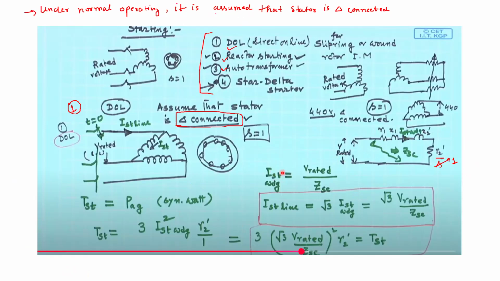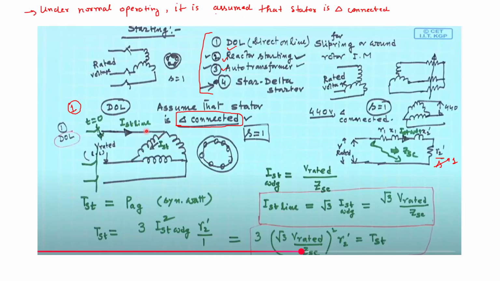So what will be the I starting? I starting will be nothing but the per phase voltage. Now per phase voltage is V rated, the line to line voltage, since for delta connection the line to line voltage and phase voltage are same. So this becomes I starting current is V rated by ZC. Okay, so this is the I starting current in the winding of the delta connection, like in this winding.